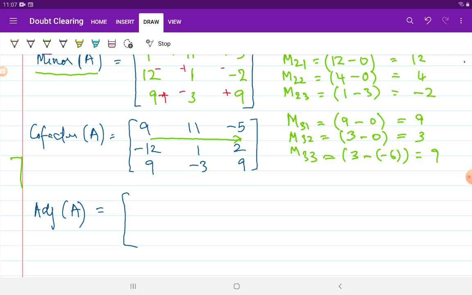I am going to make it the first column. The second row is minus 12, 1 and 2. I am going to make that the second column to find the transpose. Similarly, the third row is 9, minus 3 and 9, and I am going to make that the third column.